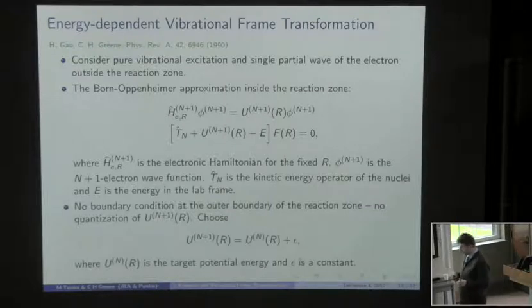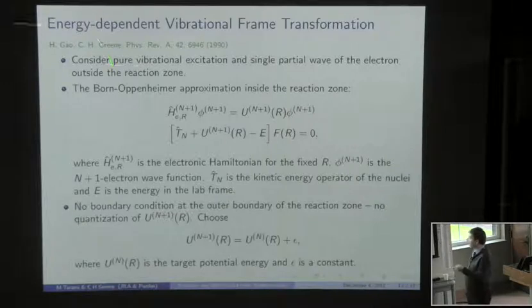So as Chris mentioned in his talk, for the positive ions, the dependence of the quantum defects on energy is rather small. In the case of neutral molecules, we cannot really neglect it.